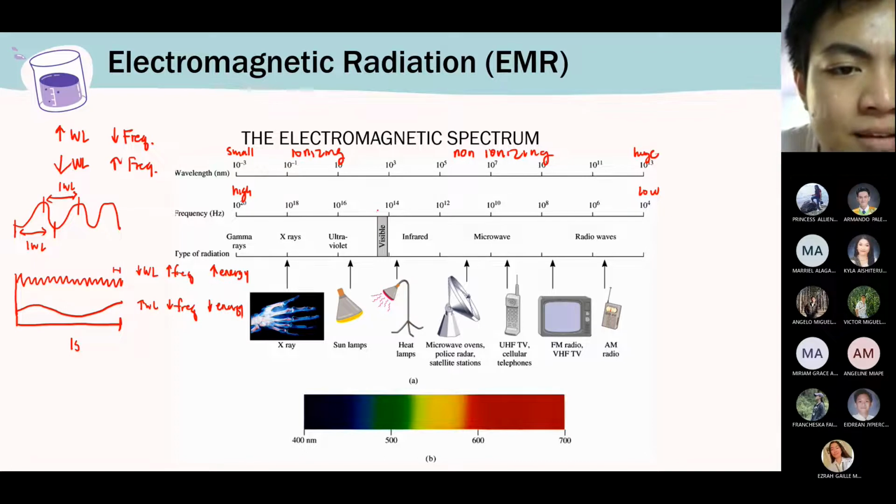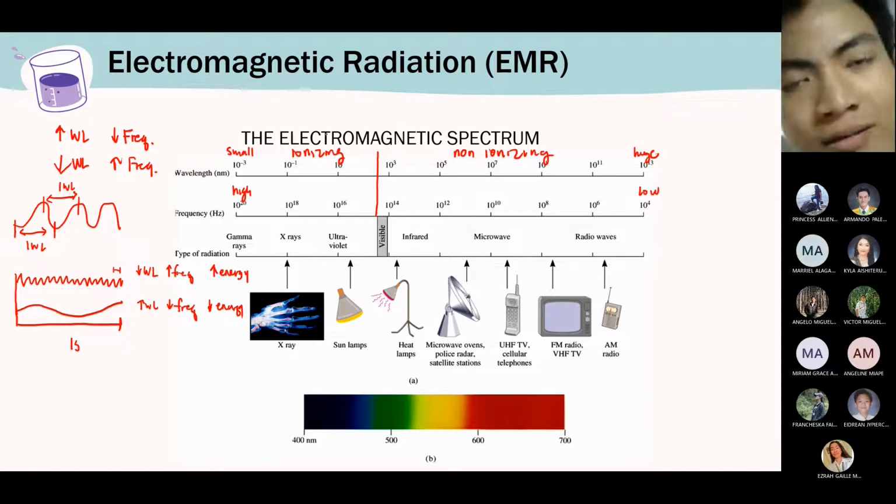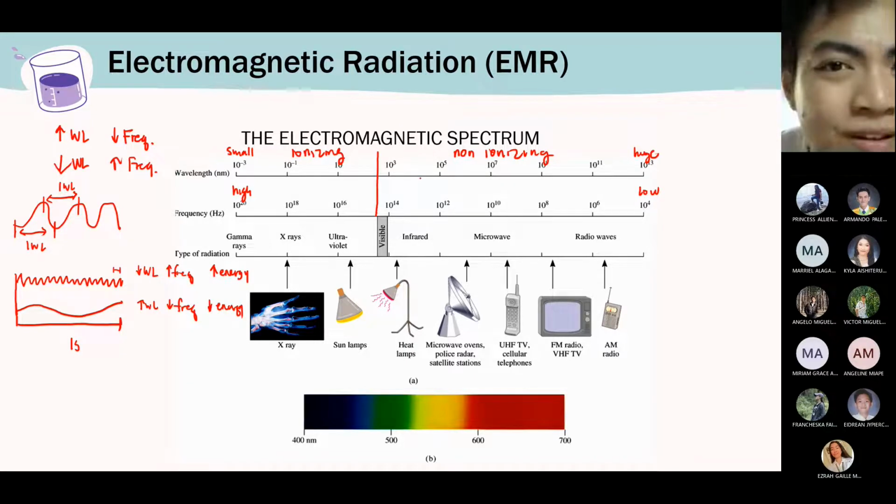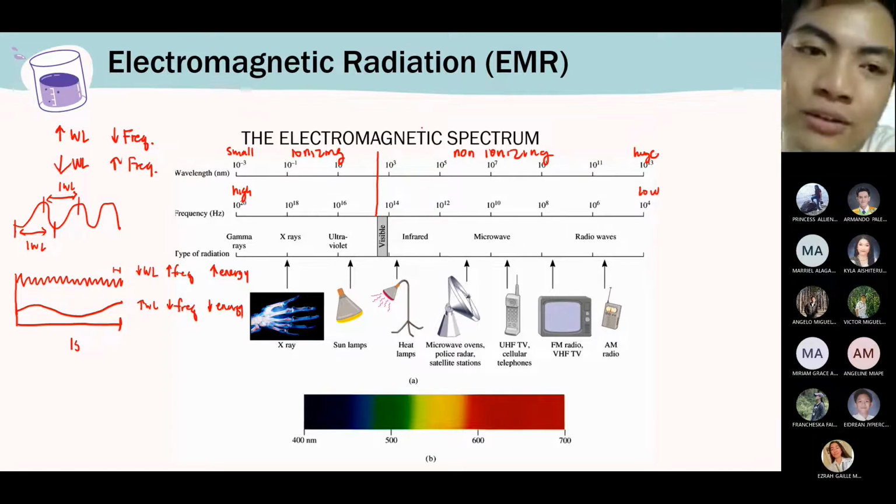Kasi some wavelengths, no, of certain frequency are very energetic enough to the point that they can actually remove electrons from the atom, no? Kumbaga super lakas ng kanyang energy to the point that it can remove the electron of an atom. When it is capable of removing electron of an atom, then it is ionizing.